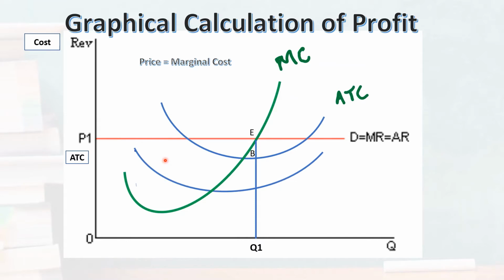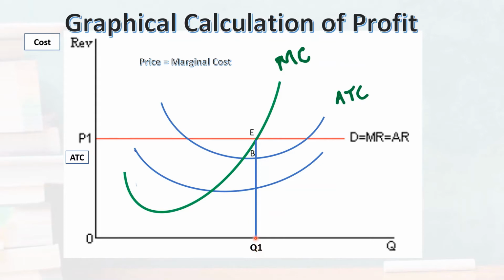So here is the average total cost, and here we have the average variable cost, and you can see that marginal cost is intersecting the average total cost at its minimum point. So in order to produce Q1, how can we define the average total cost? How can we define the total cost?